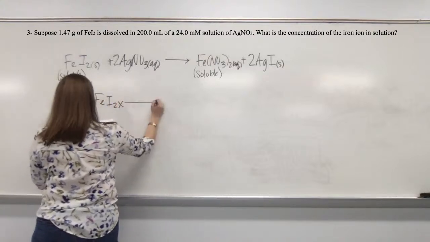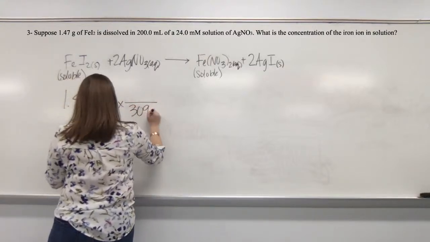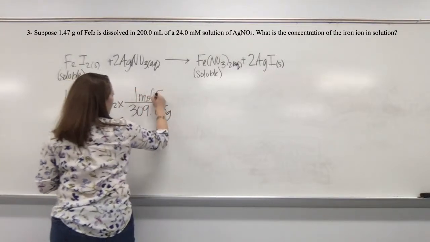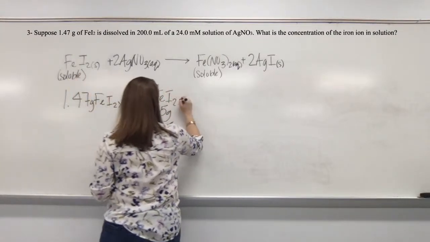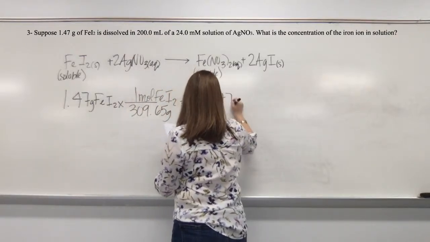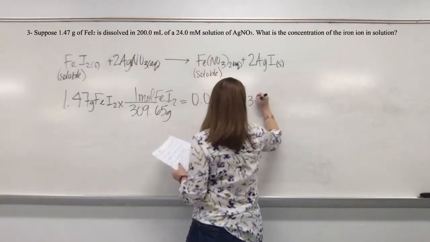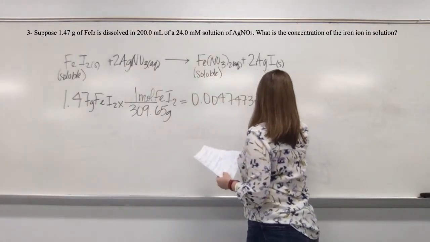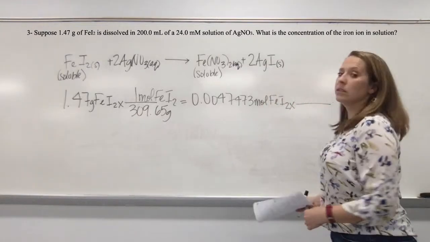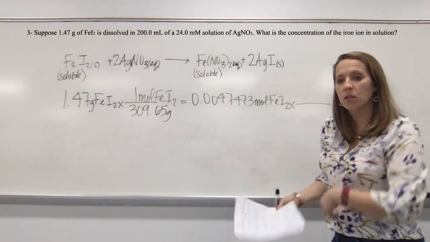There are 309.65 grams in 1 mole of iron iodide. So that gives us 0.0047473 moles of FeI2.